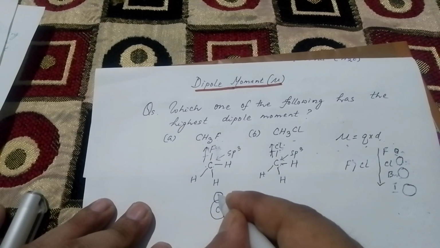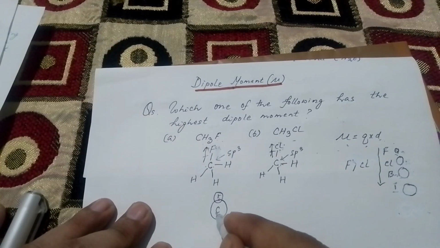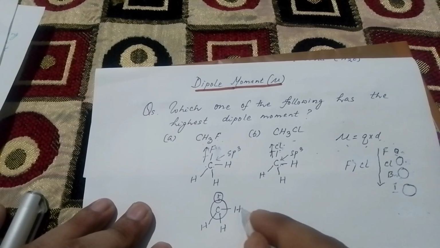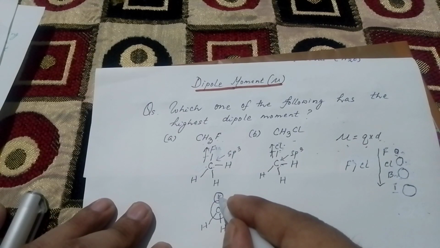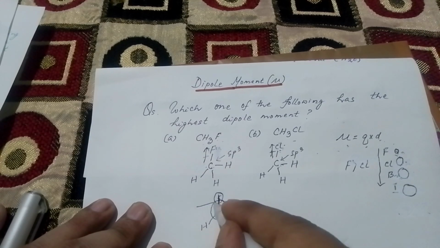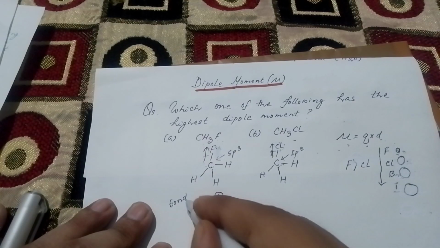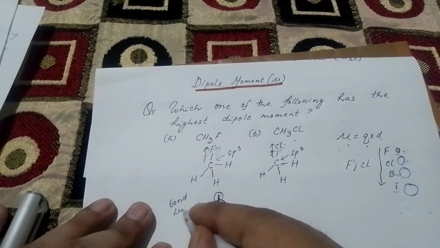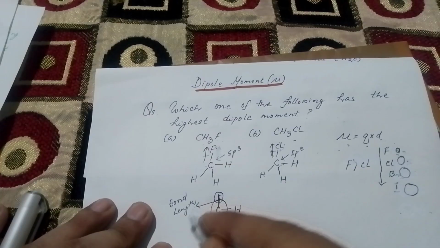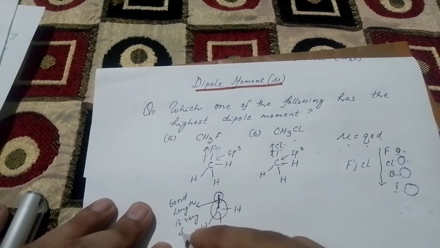When it is bonded to hydrogen also it is very small, but we are not dealing with hydrogen, we are only comparing this one. Here the internuclear distance between fluorine and carbon is very small. Internuclear distance small means the bond distance or bond length is very small.